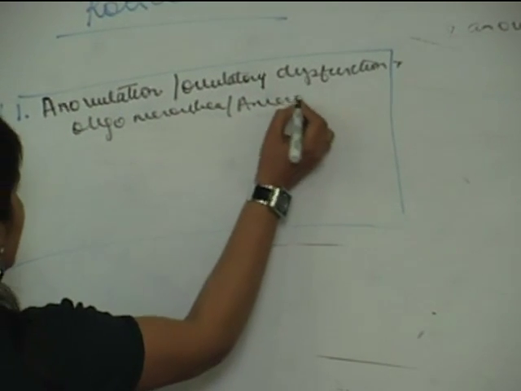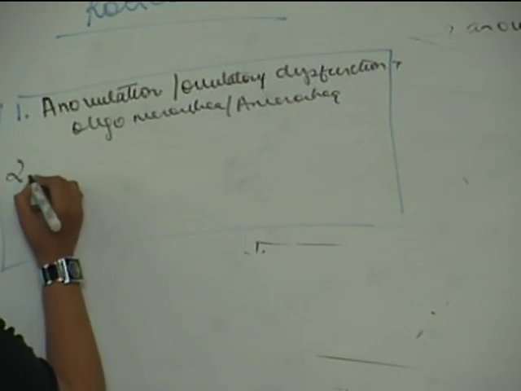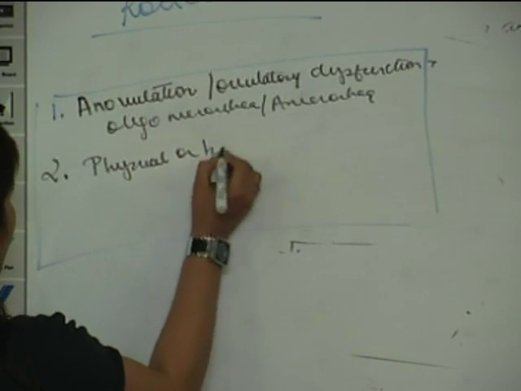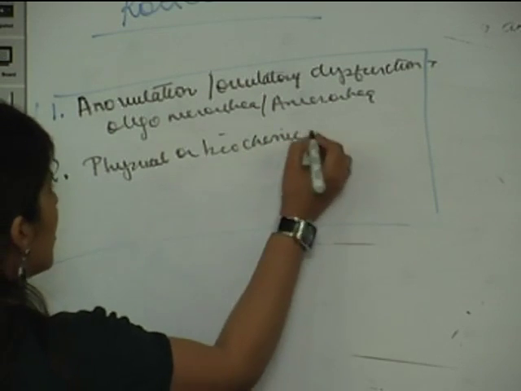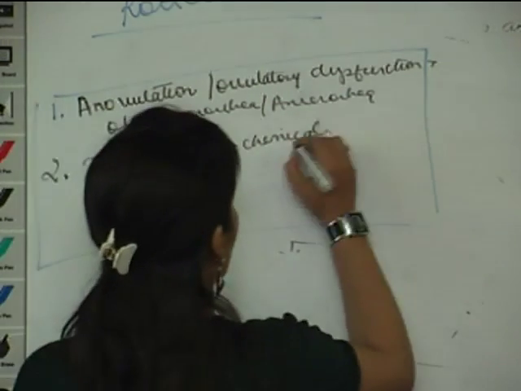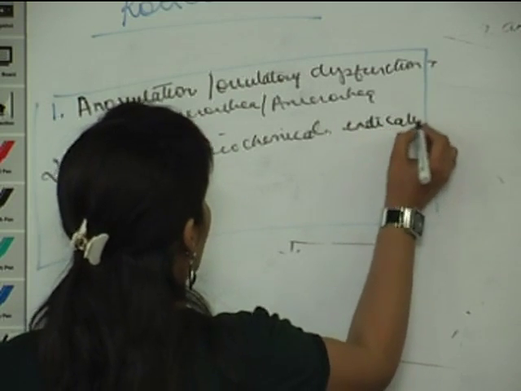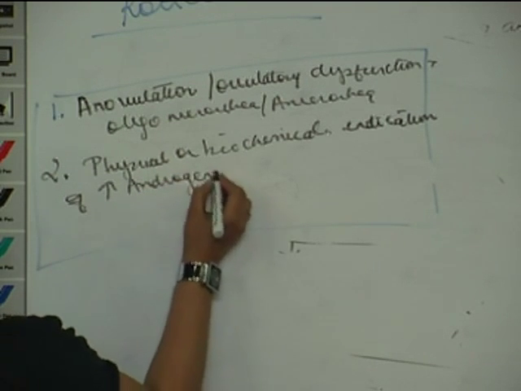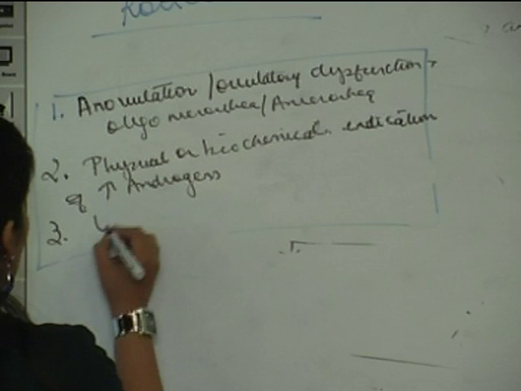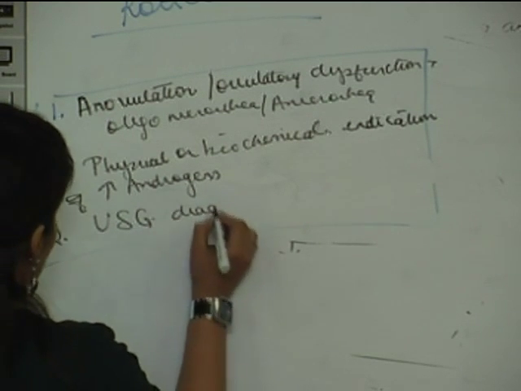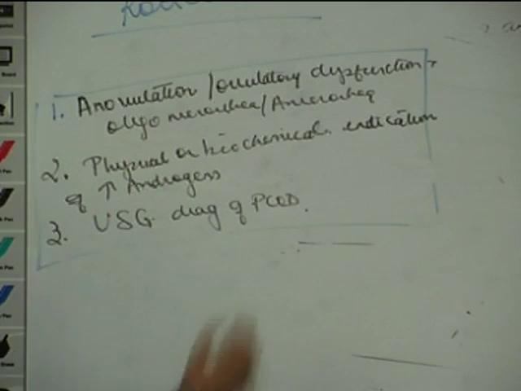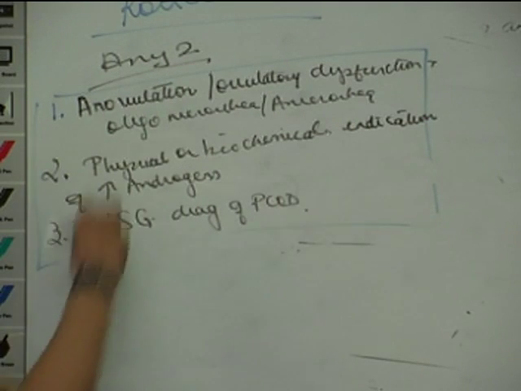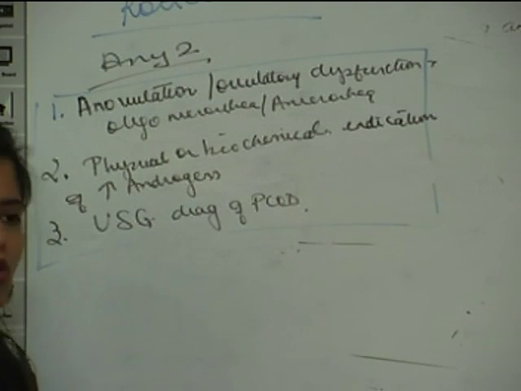Number 2 criteria is physical or biochemical indication of increased androgens. And number 3 is ultrasound diagnosis of PCOD. So out of these 3 criteria, if any 2 are fulfilled, we classify the patient as that of PCOD.